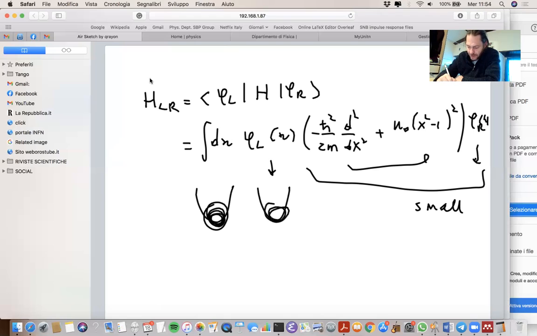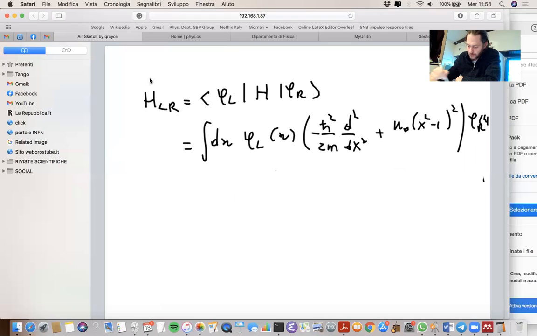Likewise, whenever this is large, this will be small. So in principle, you can easily do this integral on a computer, because you can compute the second derivative of a Gaussian. I could use Mathematica to exactly get this number.